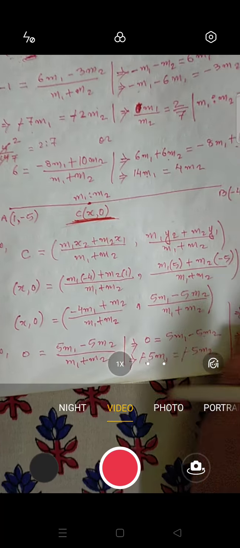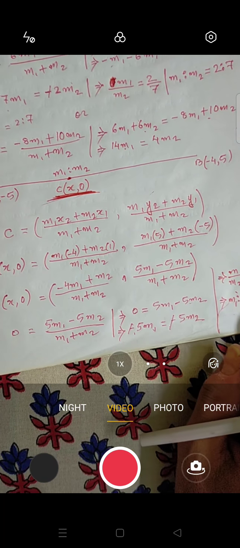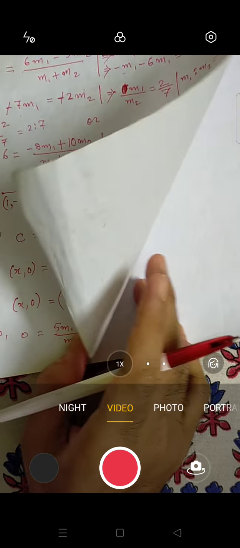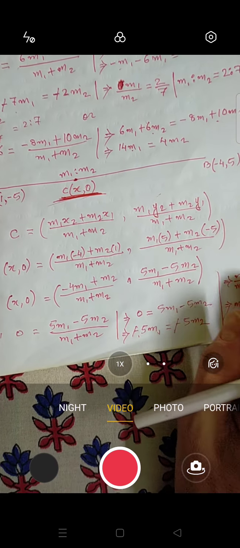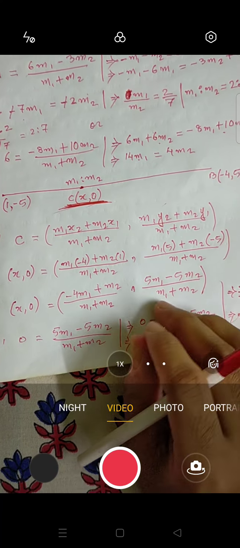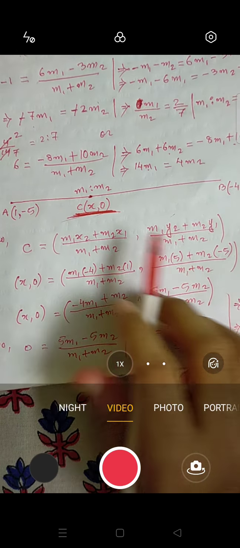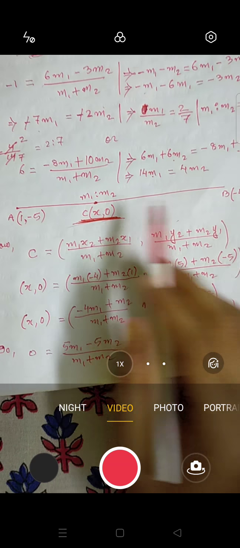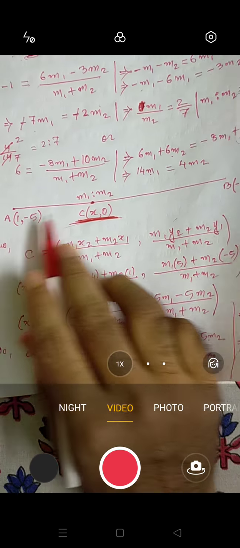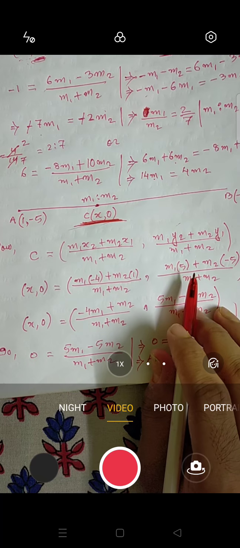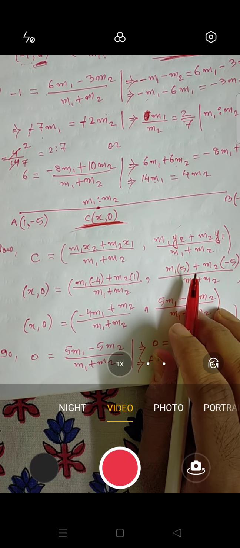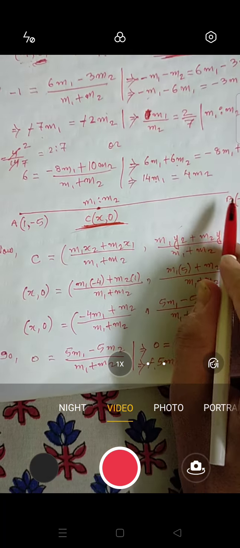Now if some student doesn't want to do it this way, the way I have found, what he or she can do is directly apply the section formula. That means this is the midpoint, right? So she can apply directly this plus this by 2. Yes or no? X1 plus x2 by 2.